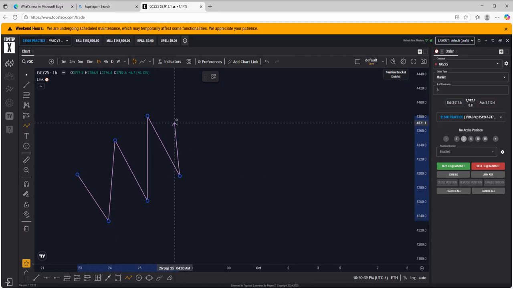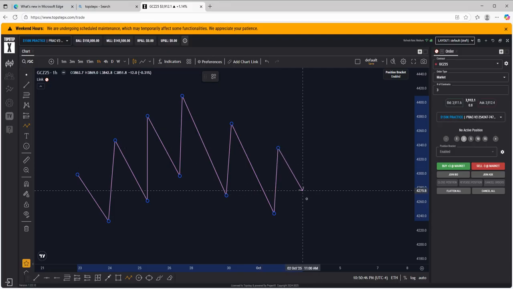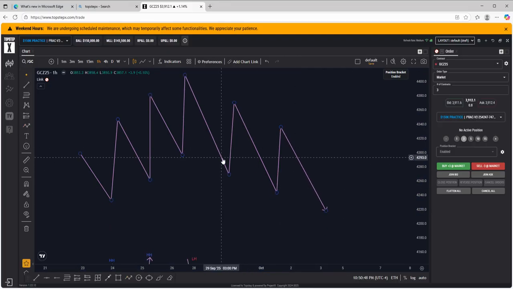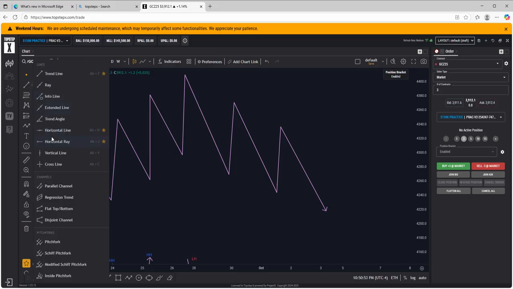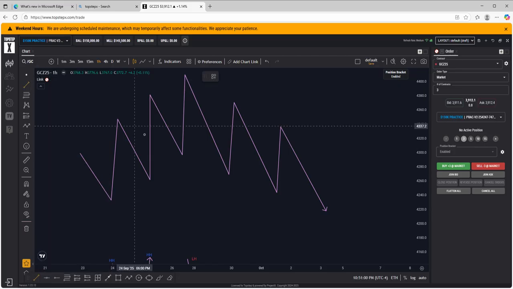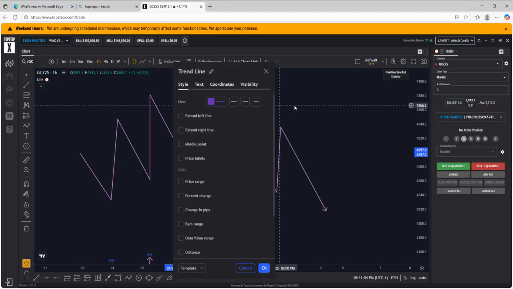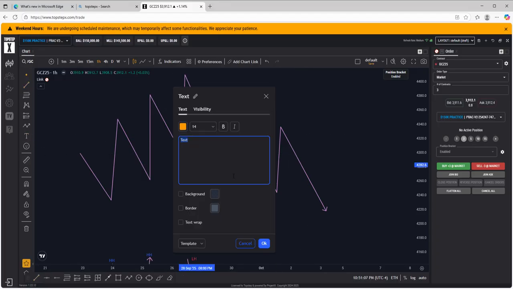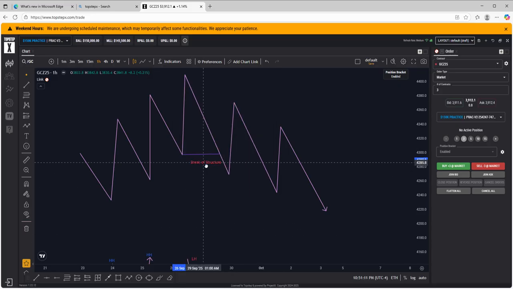So again, going along with the same concept, higher highs and higher lows. We see here, let's go ahead and mark this up. This right here, we call this a break of structure.